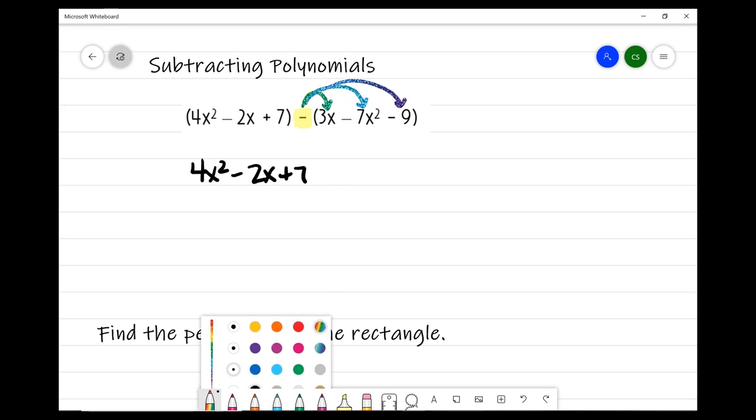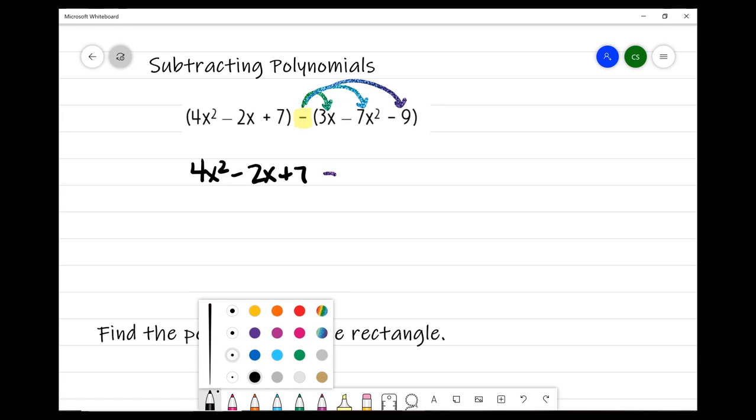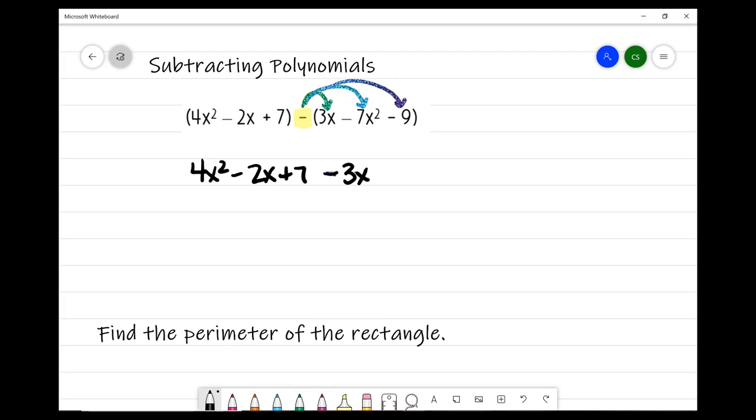When I distribute, that means to multiply: negative times a positive 3x gives me a negative 3x. Negative times a negative 7x squared gives me a positive 7x squared. And negative times a negative 9 gives me a positive 9. So I've distributed that negative to every single term behind it.